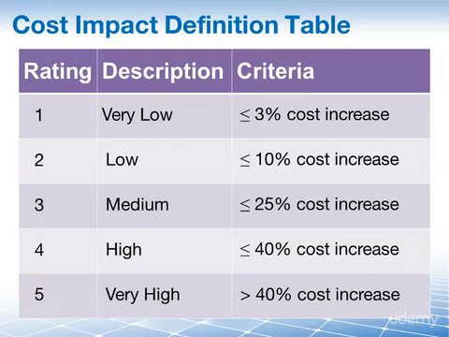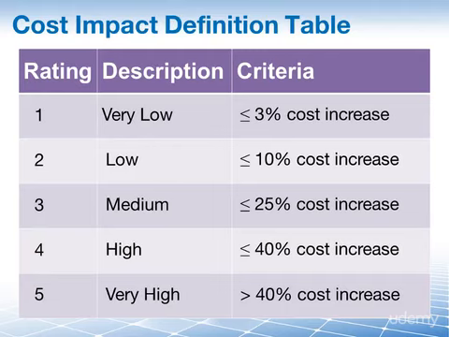So now that we have this table defined in our risk management plan, later on we can refer back to it. We can take each individual risk and say, this risk here, if it occurs, will increase the cost by 32%. Where does it fall? It falls somewhere between 3 and 4, so this becomes a rating 4. This is a high risk in regards to cost impact.